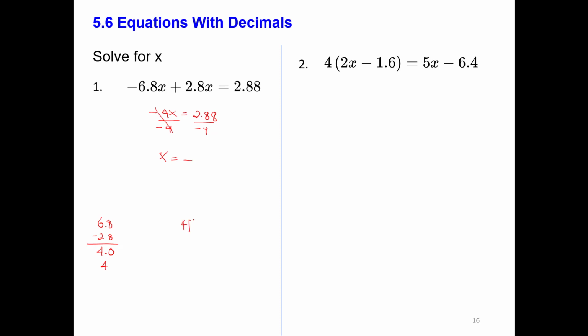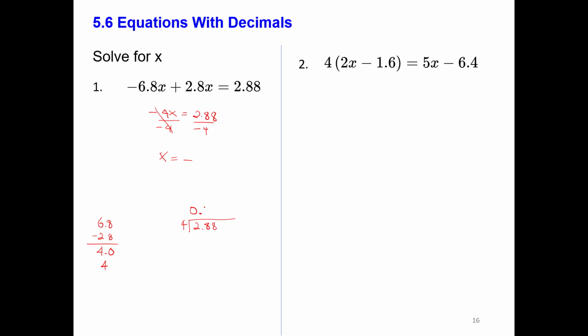We have 4 and 2.88. The way we divide if we have a decimal is we think as if we don't have a decimal, because we are dividing by whole numbers. So 4, how many 4s are in 2? 0. And how many 4s in 28? 7.